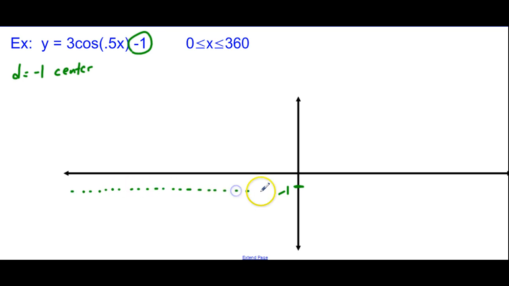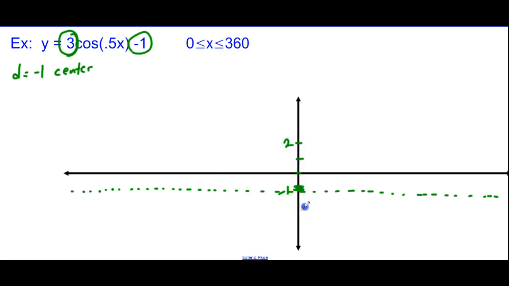All right, so that whole thing is negative 1. Sorry. 3 is our amplitude. That's going up 3 and down 3 from negative 1. So 1, 2, 3. That goes to 2.